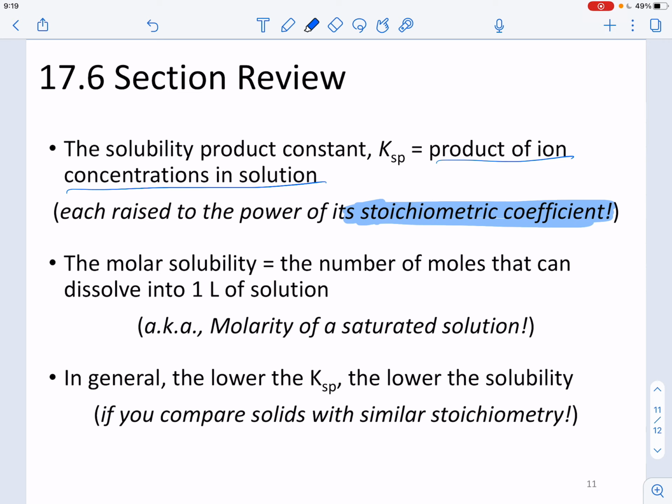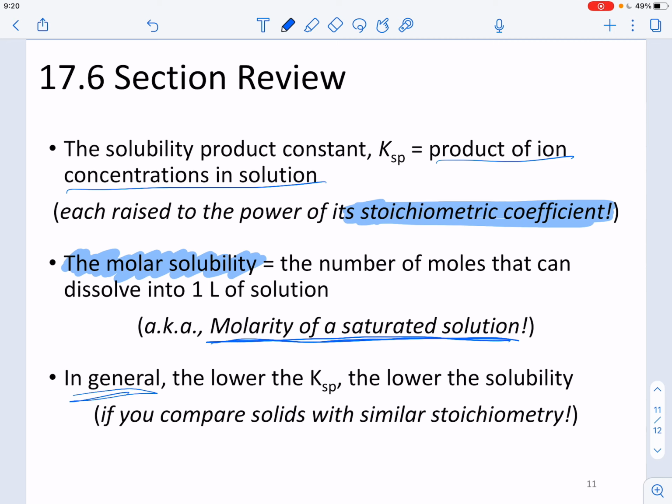Now, the molar solubility is the number of moles that you can dissolve in 1 liter of solution. Just so that it can be easier to remember, that is the molarity of a saturated solution of that particular compound.